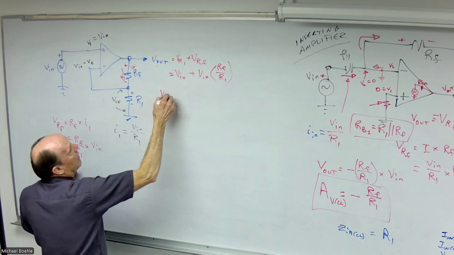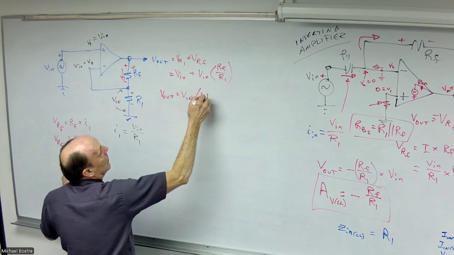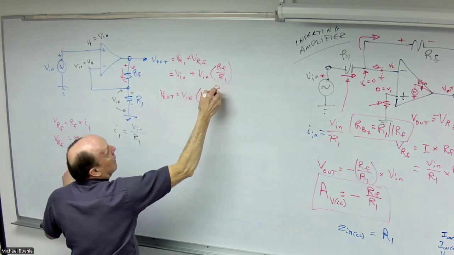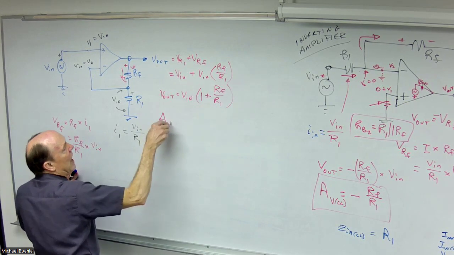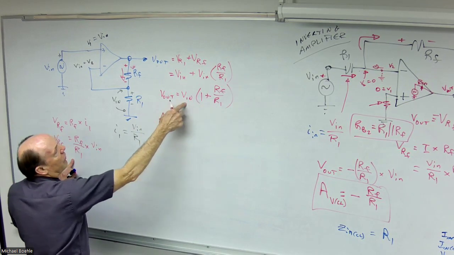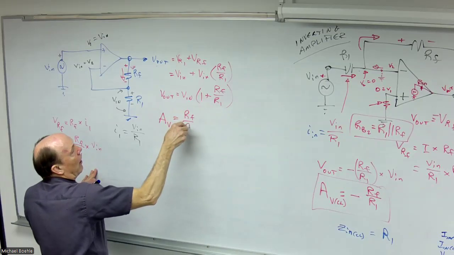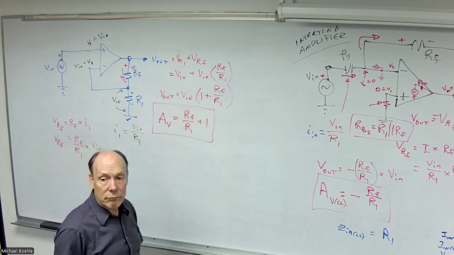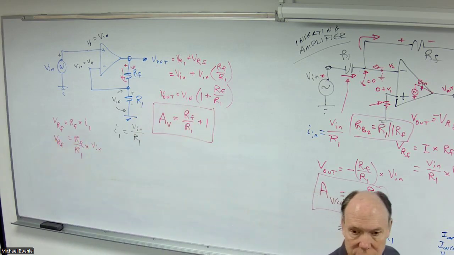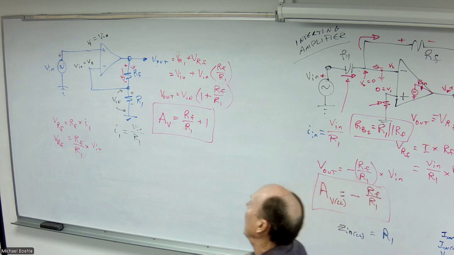So when I factor out the input voltage, I'm left with 1 plus RF divided by R1. Dividing both sides by the input voltage gives a voltage gain of RF divided by R1 plus 1. No negative sign. This is my non-inverting amplifier.